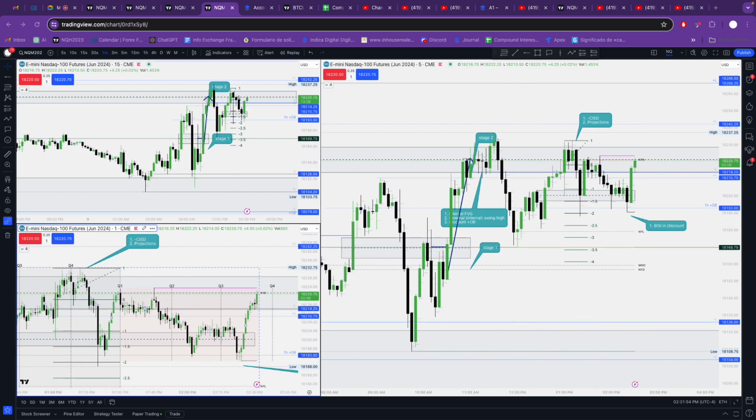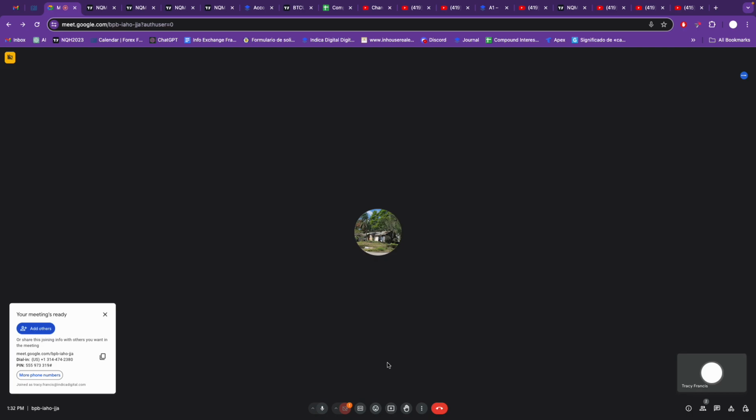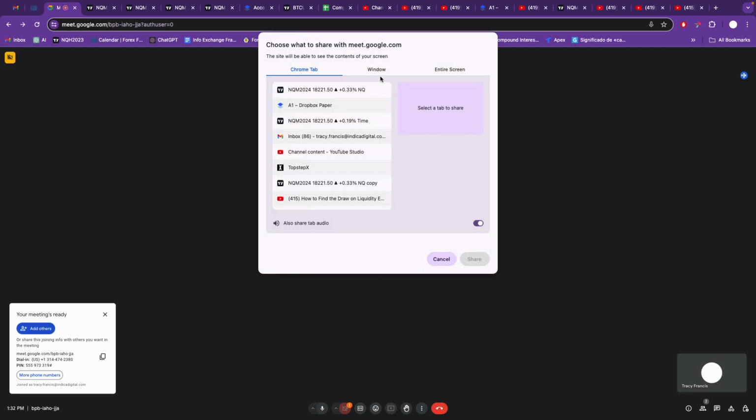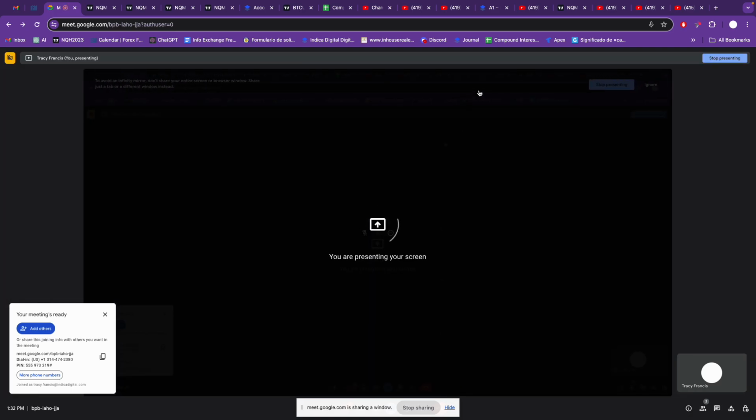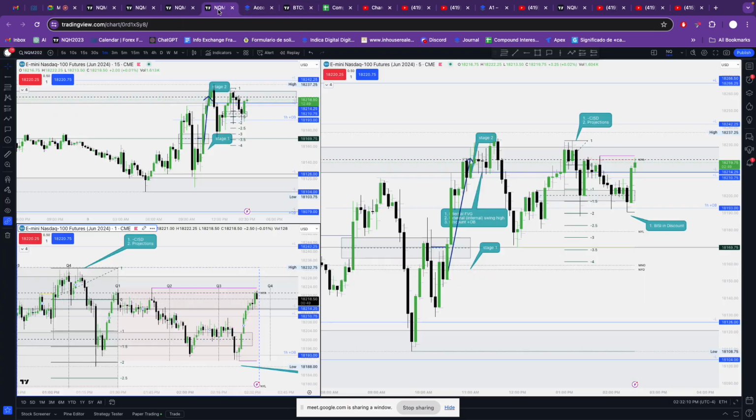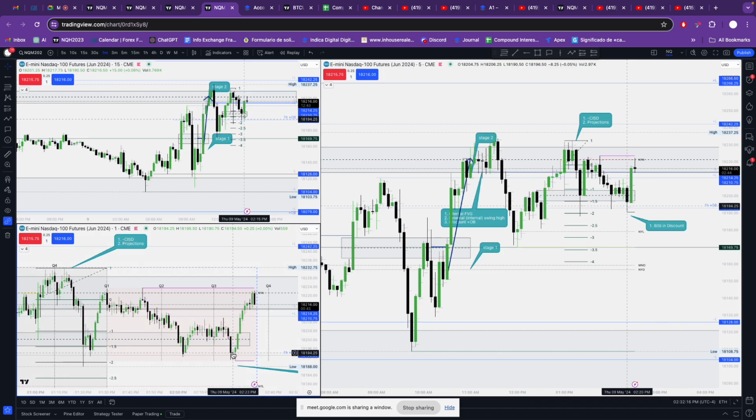I think we might be looking for shorts. This looks like a strong... But this right here on the 1 minute, this looks like a market maker sell model.